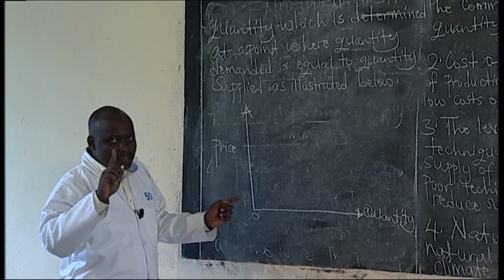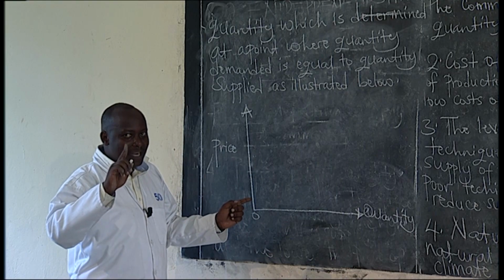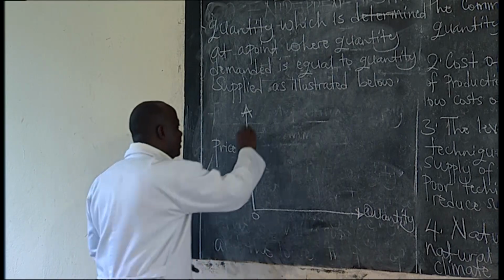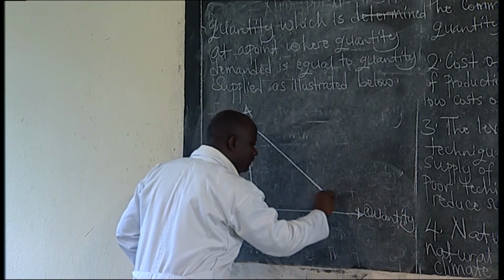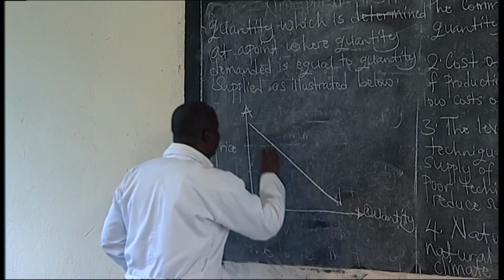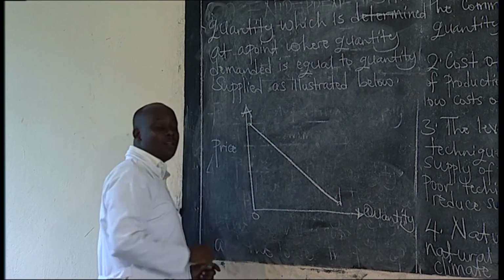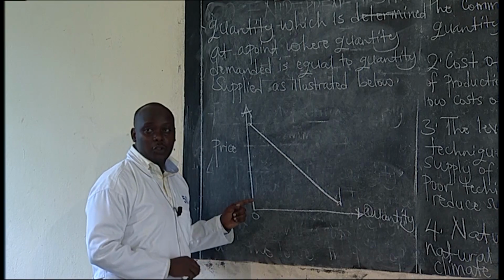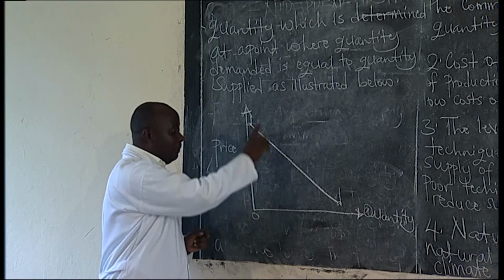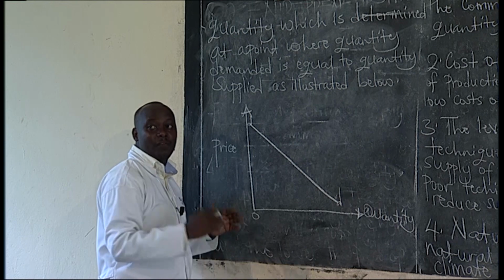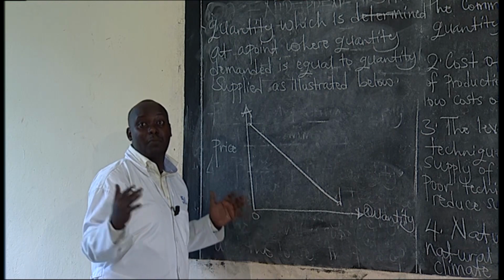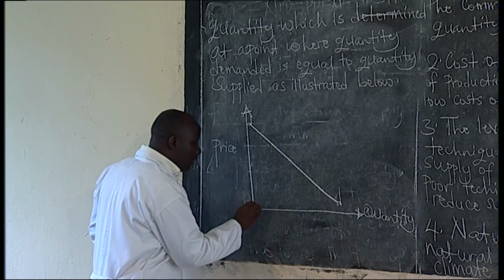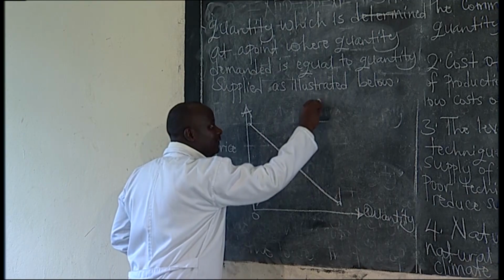And remember, learners, the demand curve slopes downwards from the left to the right. This is our demand curve. Then we have the supply curve also. It moves upwards from the left to the right because of the direct relationship between price and quantity. This is our supply curve.